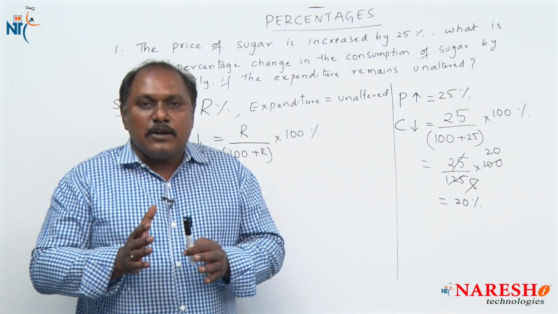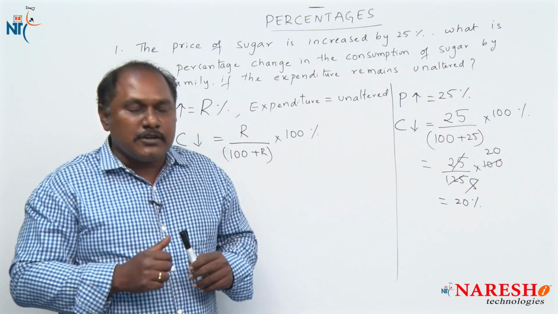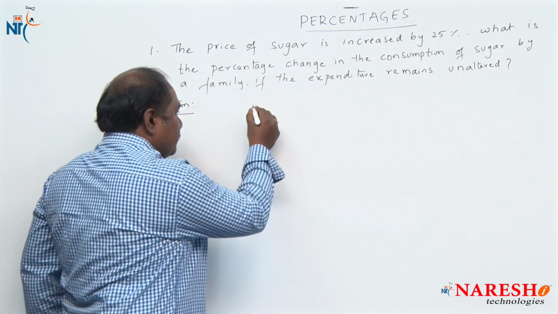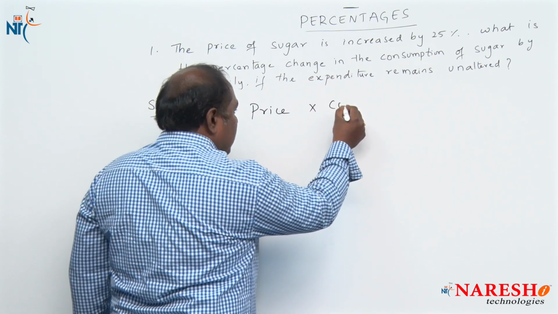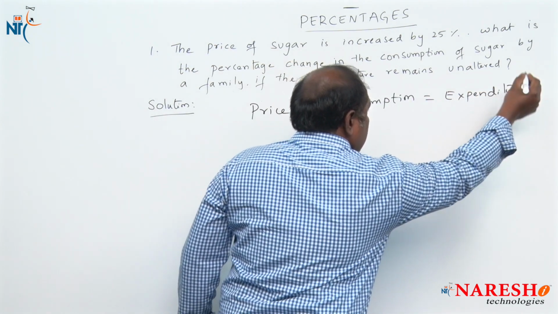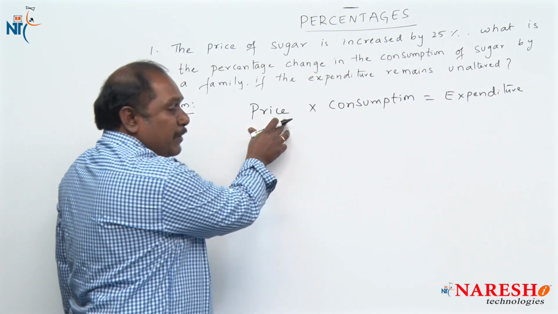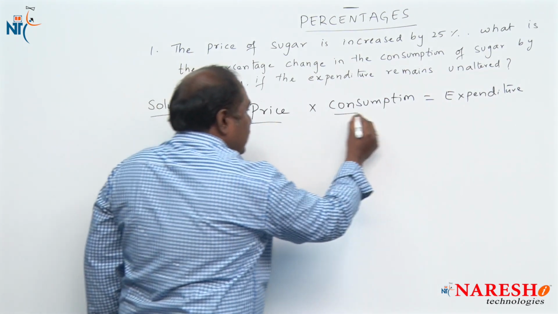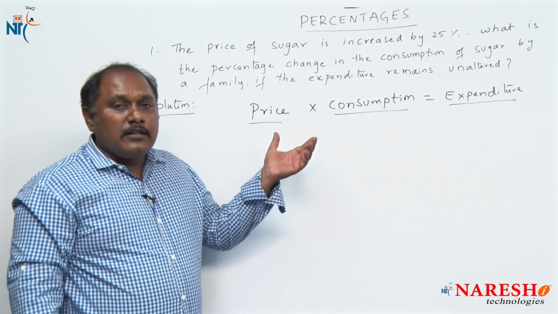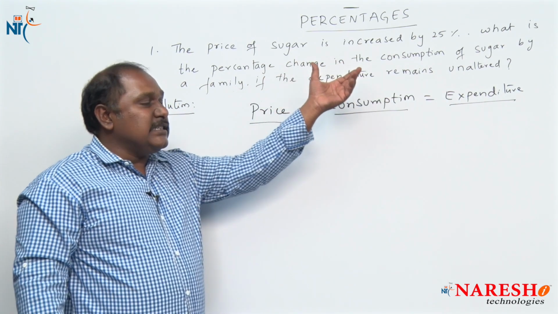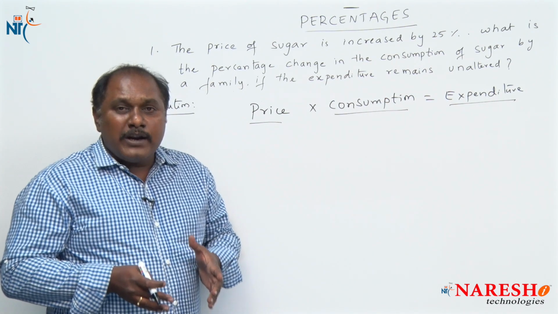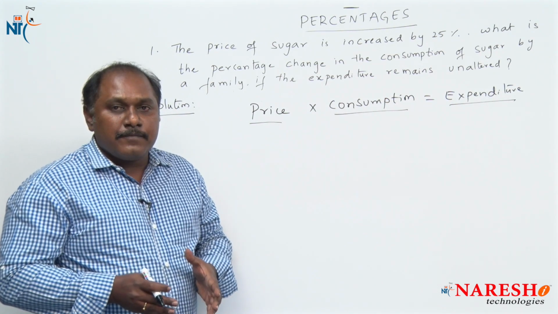Now using this, we will try to solve this question. Now as we discussed, price into consumption gives us expenditure. Price is unit price. Now while solving this problem, in the question it is given the price of sugar is increased by 25%. Now we do not know what is the initial price of the sugar.